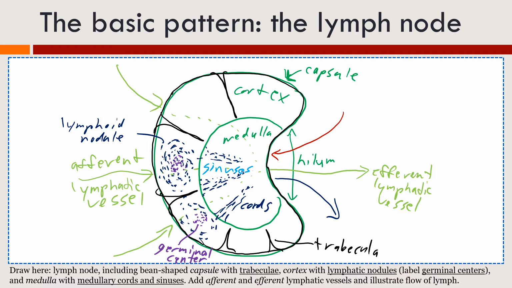It flows past the cords. The cords are also accumulations of different immune cells. I believe that the lymphoid nodules are primarily made of B cells and the cords are primarily made of T cells. So they each have their own chance to interact with the lymph as it flows through the lymph node from capsule to cortex to medulla to hilum.